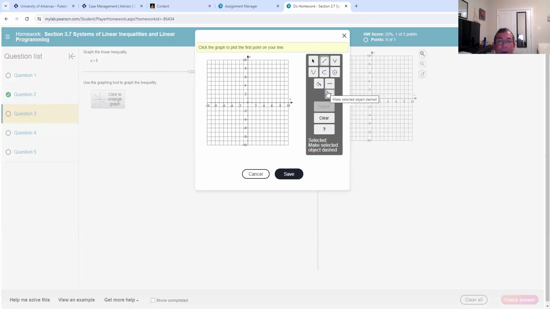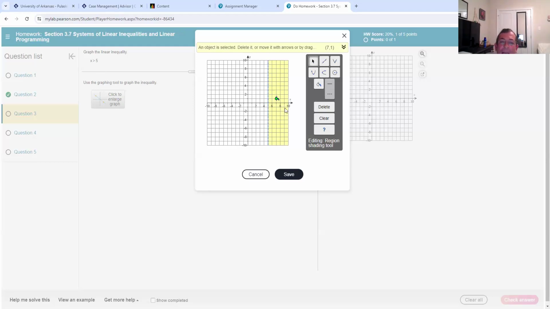Now, since it's x greater than 5, I'm just going to go find 5 on the x-axis. Click that. And then you can go straight up or straight down. It doesn't matter where you put that other point. So I actually used (5, 4), so I'm going to go up to 4. Click that. So it's got my dashed line. And we said greater than shades to the right. So you click your paint can and then click on the right side.